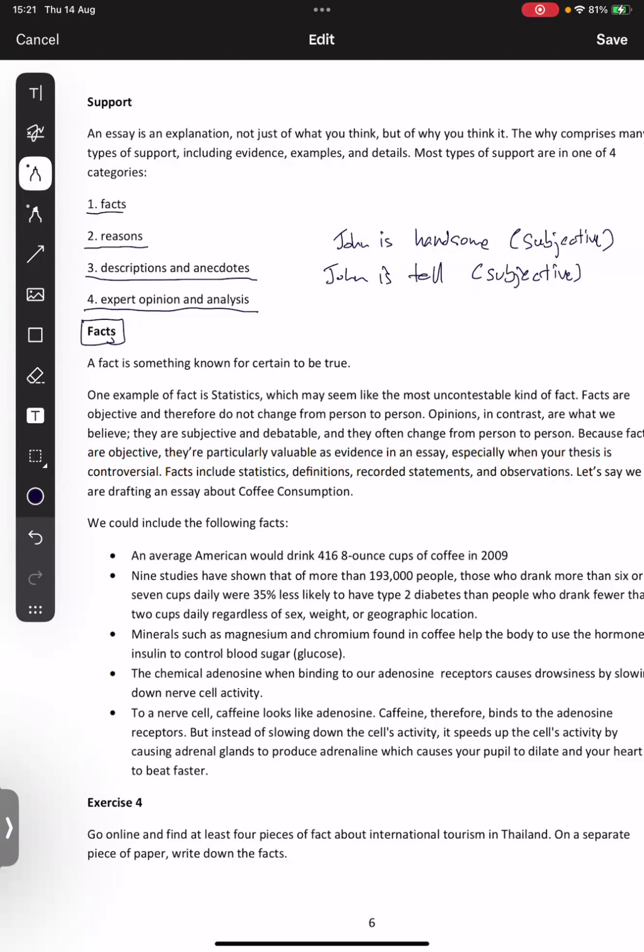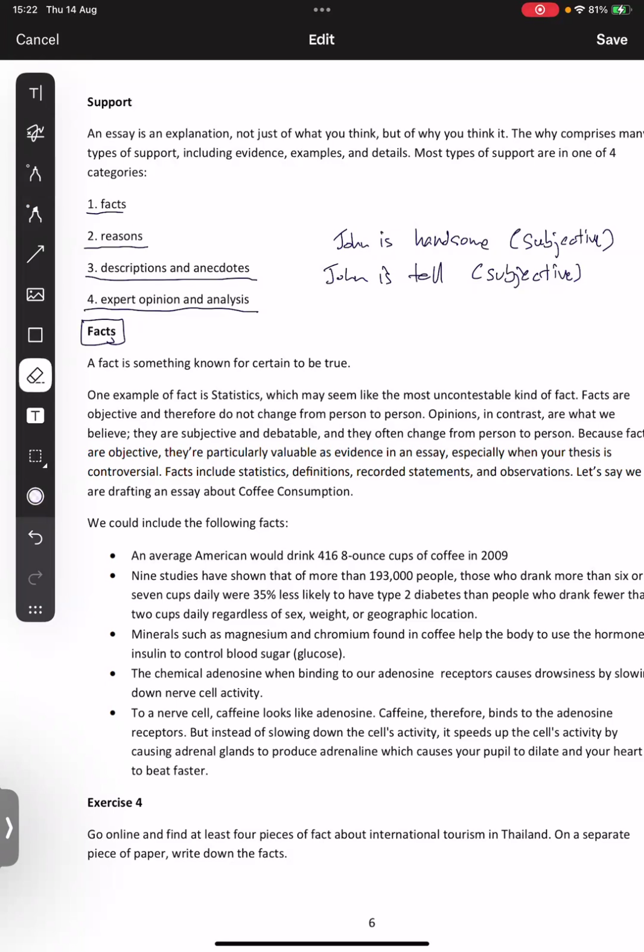He's only tall when he's in his house. Outside, he's not. So this is subjective. A subjective statement cannot be proven. The validity of the statement varies from one person to another.